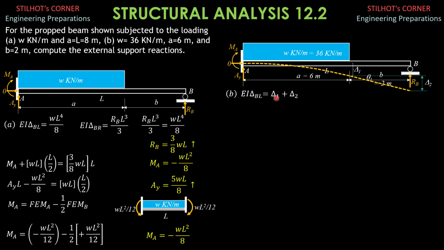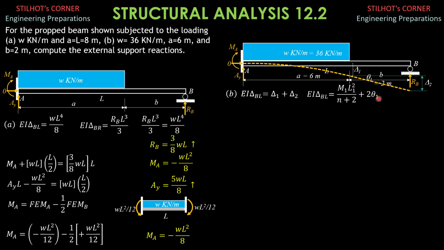Delta 1 is moment at the wall, M1, L1 squared divided by n plus 2, where n is 2, second degree, because the moment diagram by parts of this uniform loading would be second degree. And delta 2 is, as mentioned, 2 times theta 1. Tangent theta 1 is theta 1 itself equals delta 2 over 2 meters. So that's why it is 2 theta 1.